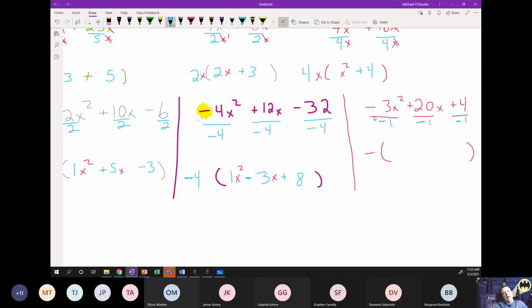Now, when you divide by -1, or you take a negative out, all that changes inside here is everything is just going to flip signs, right? Because negative divided by negative is a positive. Positive divided by negative is a negative. And then do we have a common variable between all these three?